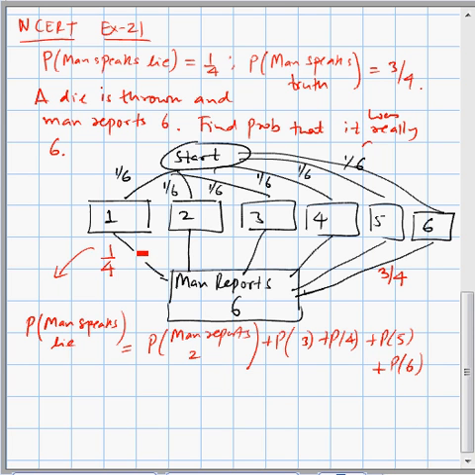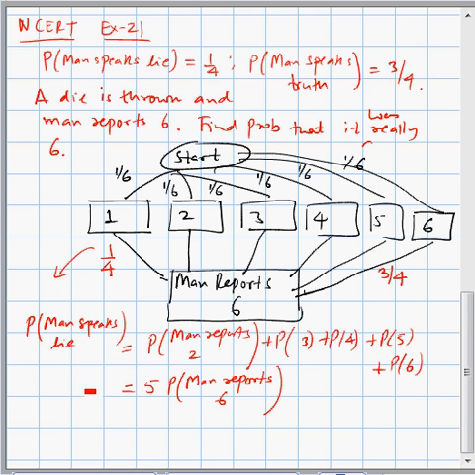He can report number 1 as 2, or he can report 3, or 4, or 5, or 6. So the 5 ways he can speak lie, and if we assume all of them equiprobable, right? So we take it as 5 times probability man reports 6.